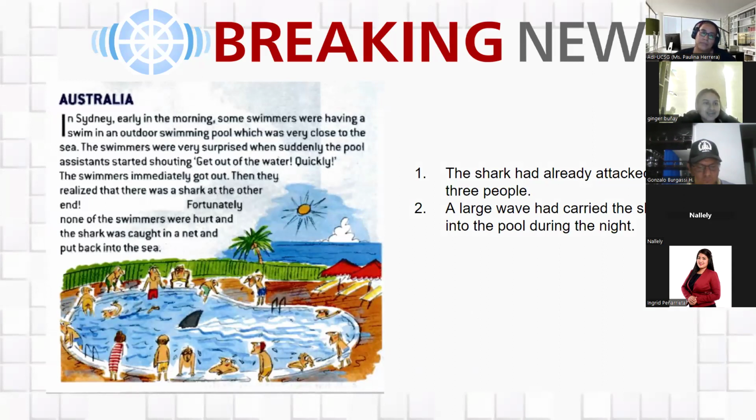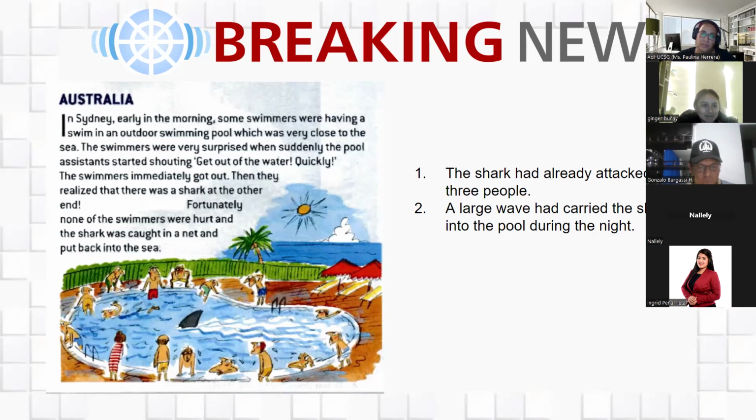Australia. In Sydney, early in the morning, some swimmers were having a swim in an outdoor swimming pool, which was very close to the sea. The swimmers were very surprised when suddenly the pool assistant started shouting, "Get out of the water quickly!"